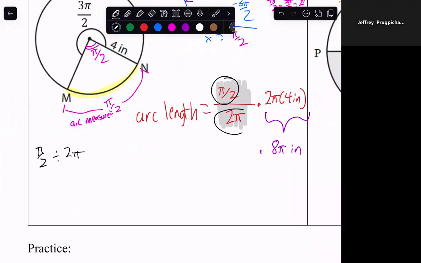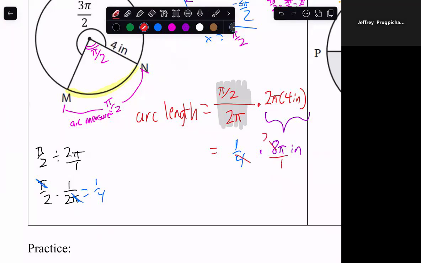So pi over 2 divided by 2 pi becomes pi over 2 times 1 over 2 pi. The pi's cancel out, leaving you with the fraction 1/4. So 1/4 times 8 pi. Arc length then equals 2 pi inches.